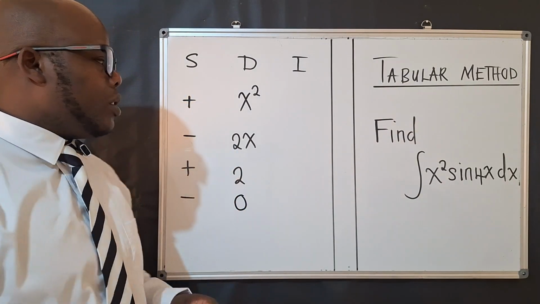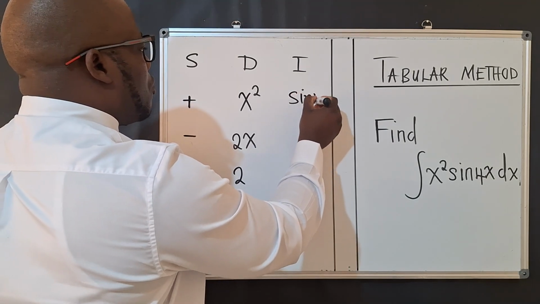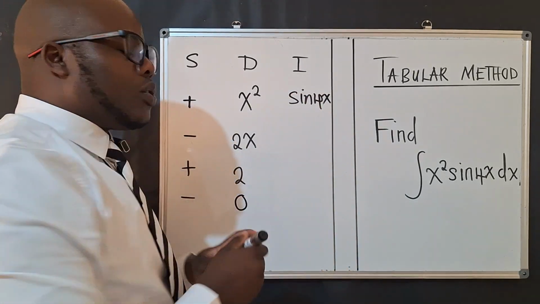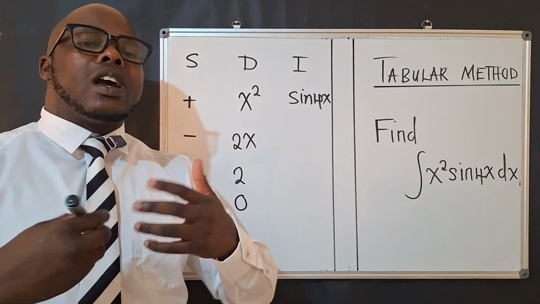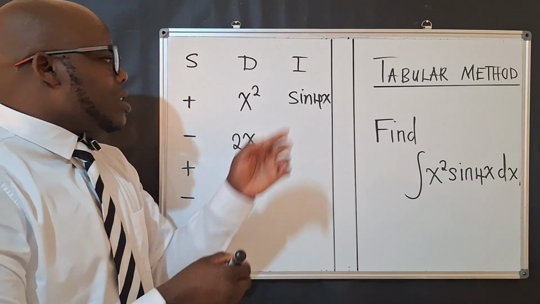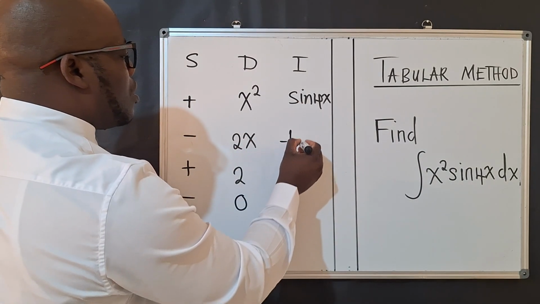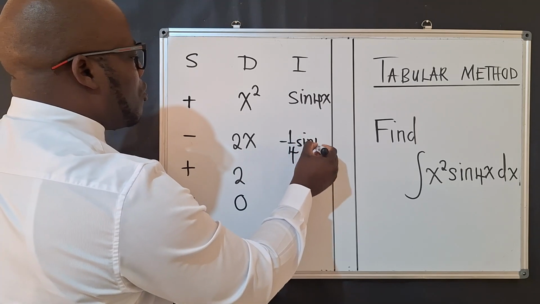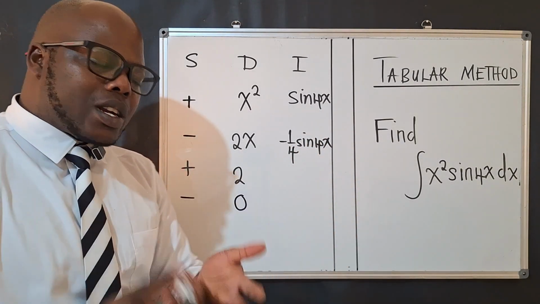So now you get the other function, which is sine 4x. For this other function, you can see we've got I here, which means integrate, and D, we know it's a derivative. When we integrate this, it gives us negative 1 over 4 cos 4x. Again, we integrate.